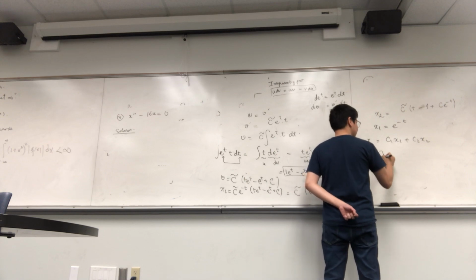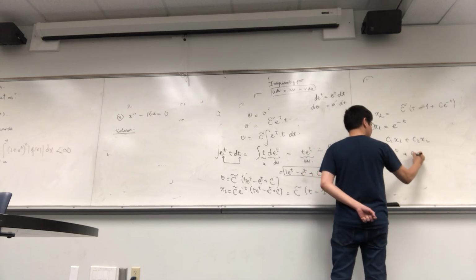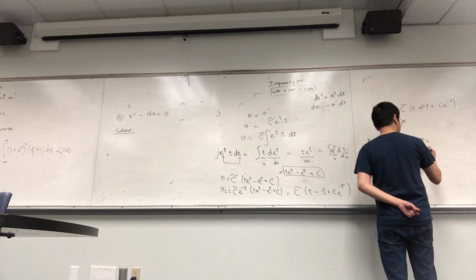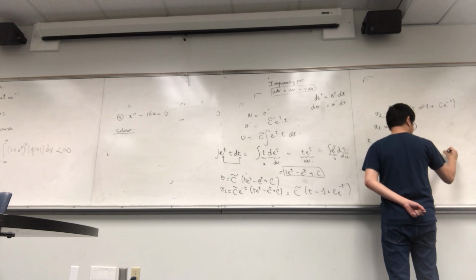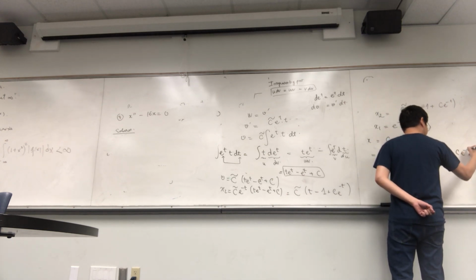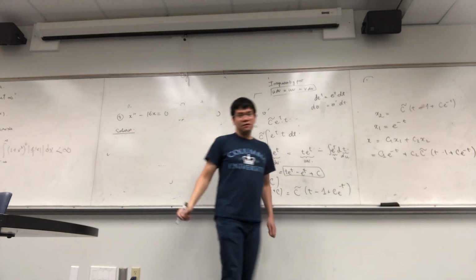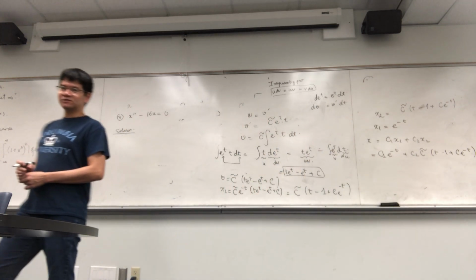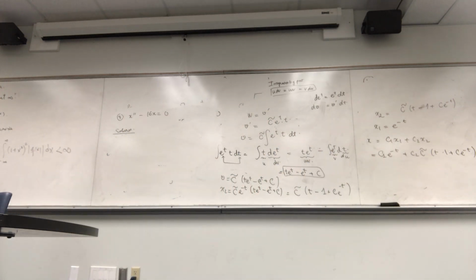So when you plug in c1 x1 plus c2 x2, you get c tilde t minus 1 plus c e to the power minus t. Basically, x2 is x2, but this is also the general solution.